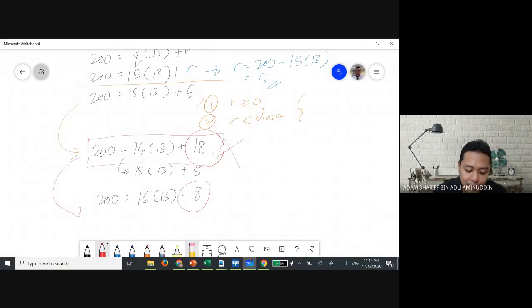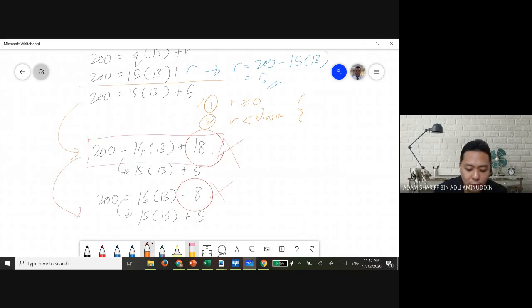In terms of mathematical linear equation again, this is correct. But it violates condition number 1. The condition number 1 is that the remainder is always non-negative. Therefore, this 16 actually can be changed into 15 times 13 plus 5.